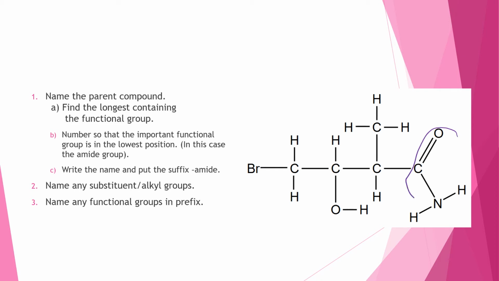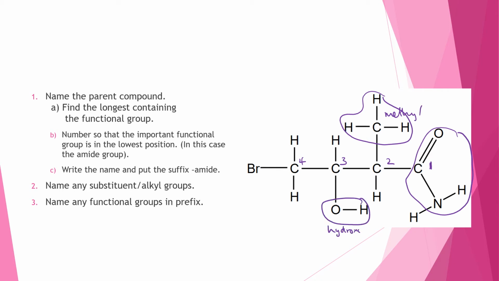So here is our amide group. So that is carbon number 1, 2, 3, 4. We have a methyl. We have a hydroxy, which goes to prefix. And we have a bromo, which is in prefix. So it is butanamide.